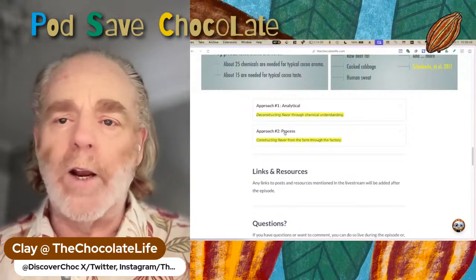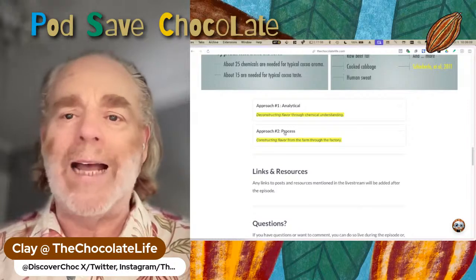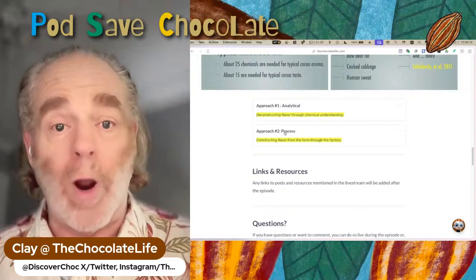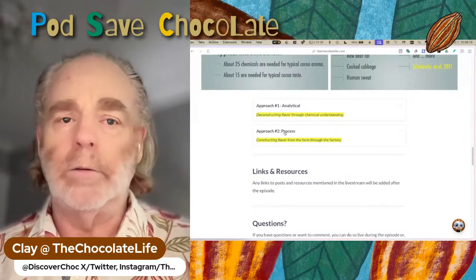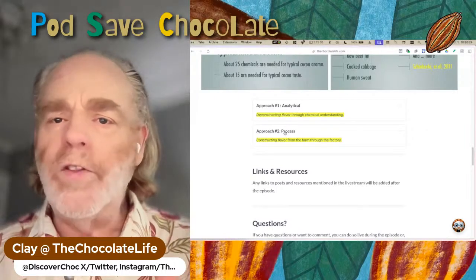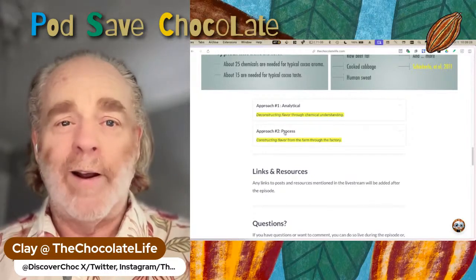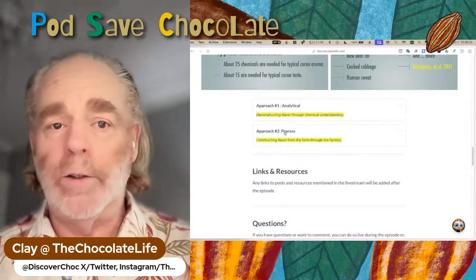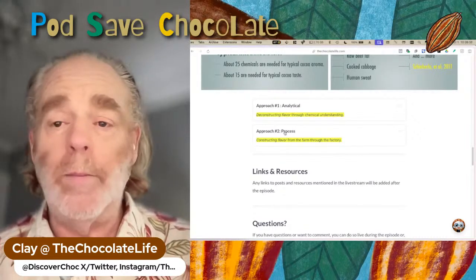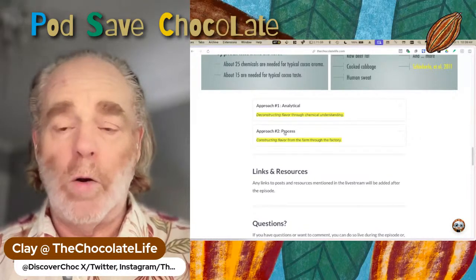But when we take a look at all of those variables, what we understand is that the flavor potential in the beans, which is the final chemical makeup in the dried beans, and by the way, drying does have an influence on the final chemical composition of the cotyledon, the bean, right? So all of these things contribute to the particular flavor potential when we take the bean and transform it into chocolate. And one of the reasons that's important is that very few people consume either raw cocoa nib or roasted cocoa nib.